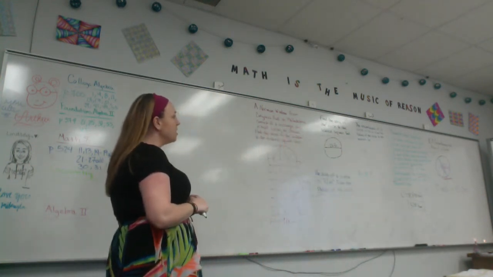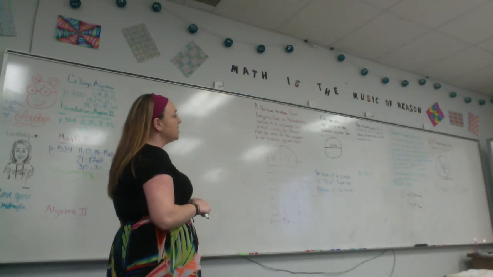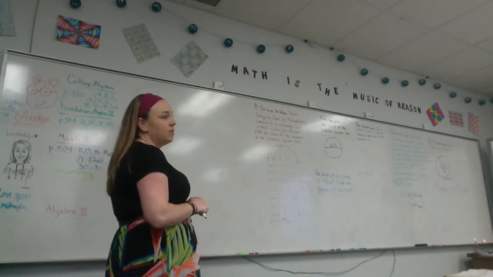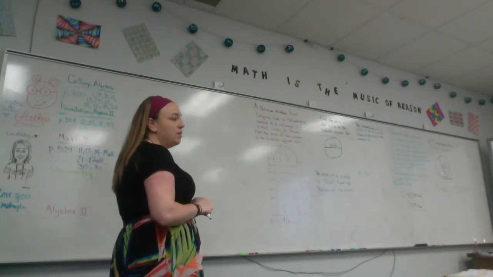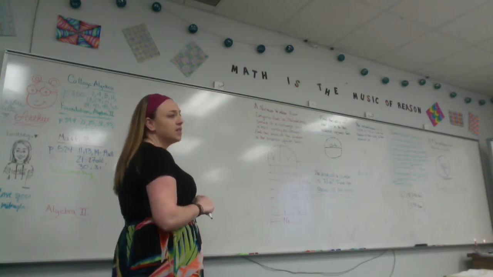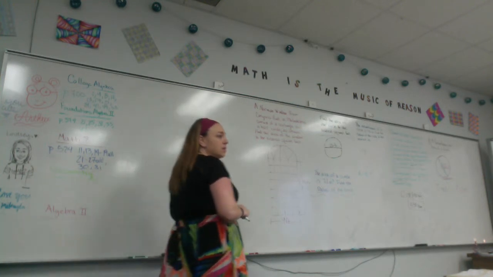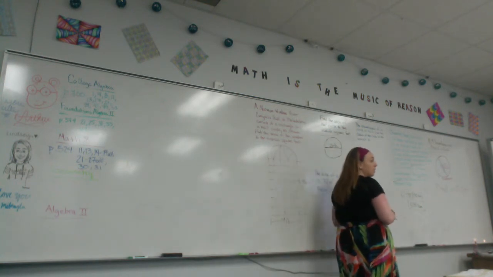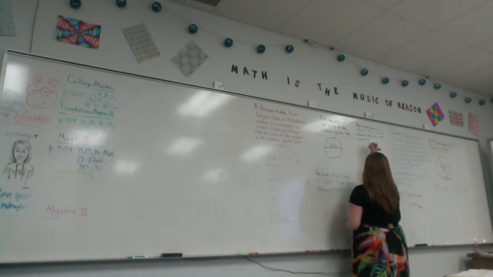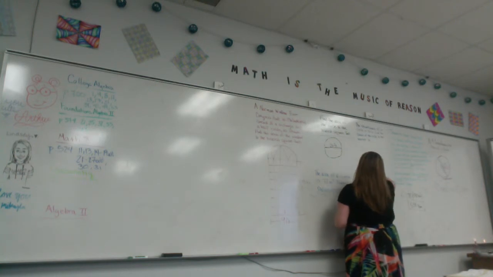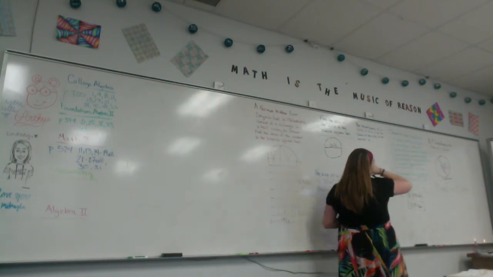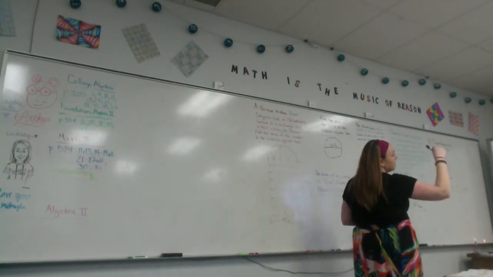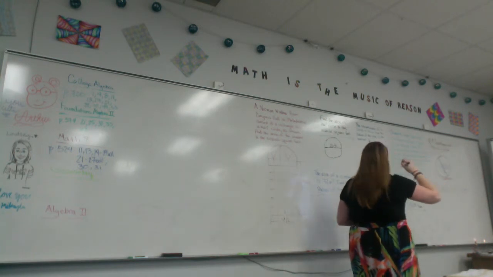The next one says, the circumference of a circle is 70 inches. Find the radius of the circle. How do you set that up? If they give you the circumference and ask you to find the radius. It says the circumference, so you do 70 equals.